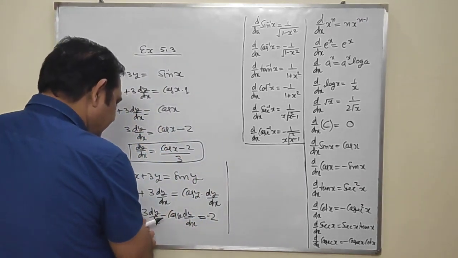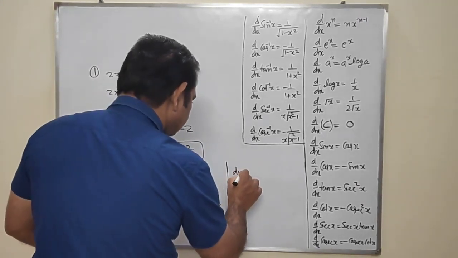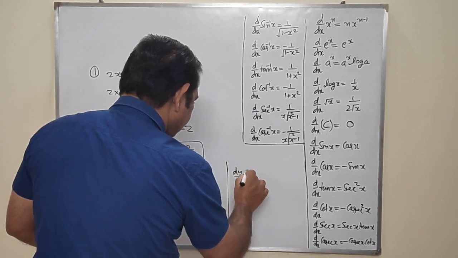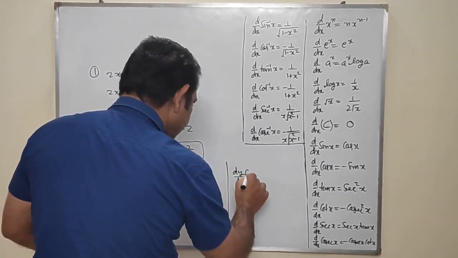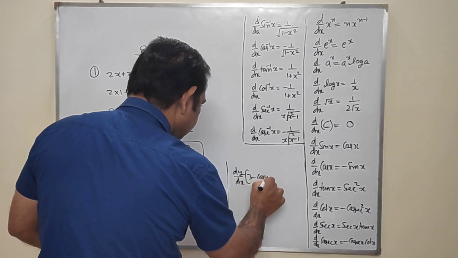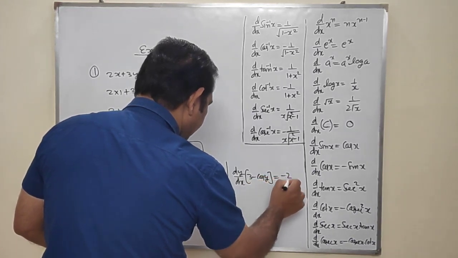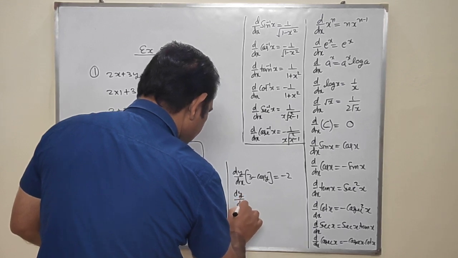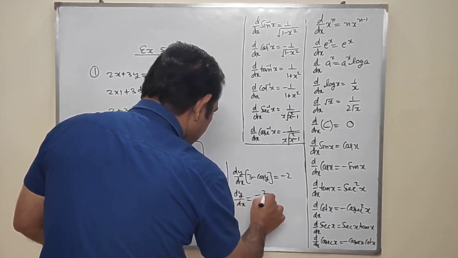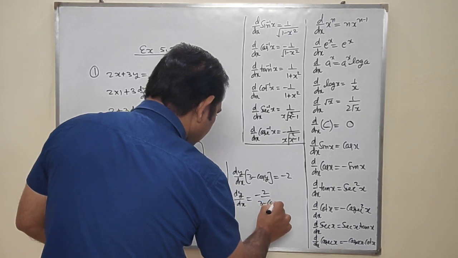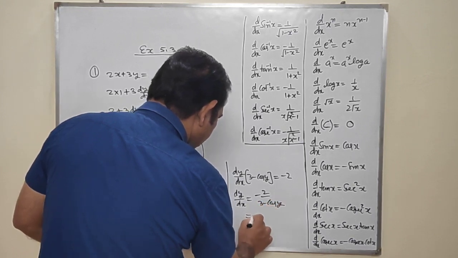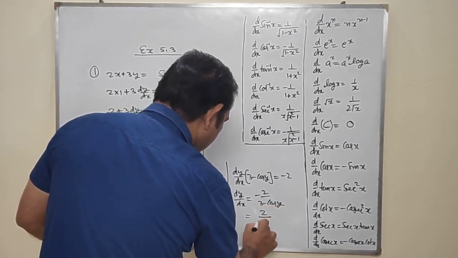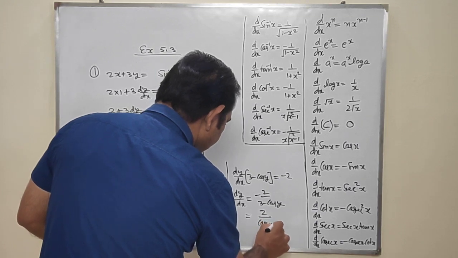Now take dy by dx common from here. dy by dx into 3 minus cos y is equal to minus 2. So dy by dx will become minus 2 upon 3 minus cos y, or furthermore you can write 2 upon cos y minus 3.